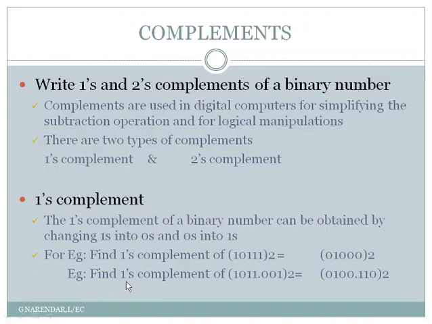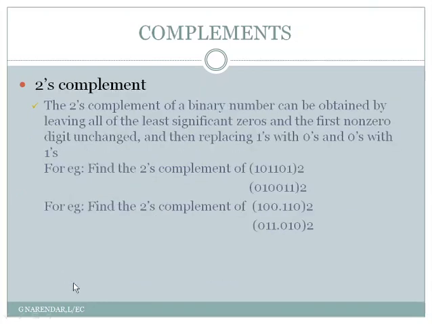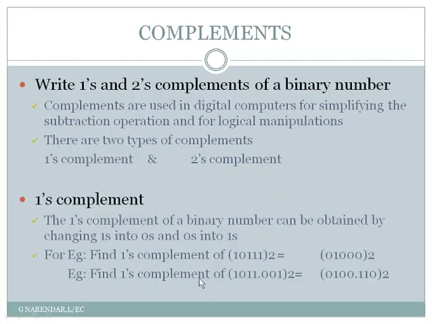The method to obtain the ones complement of a binary number is the same irrespective of whether it has a binary point or not. Let's take one more example where the binary number has a binary point. Find ones complement of binary number 1011.001.